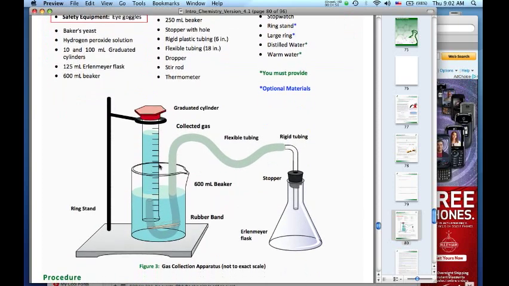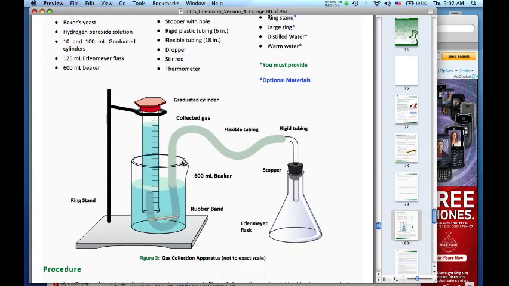Here's the experimental setup. If you don't have a ring stand, you're just going to have to hold this. So fill this thing up with water and invert it. You're going to get a little bit. So start with this, and this is a beaker. Take your beaker. Maybe even if you're doing this at home in your kitchen, it might be even better if you grabbed a medium-sized pot. That'll work as well.